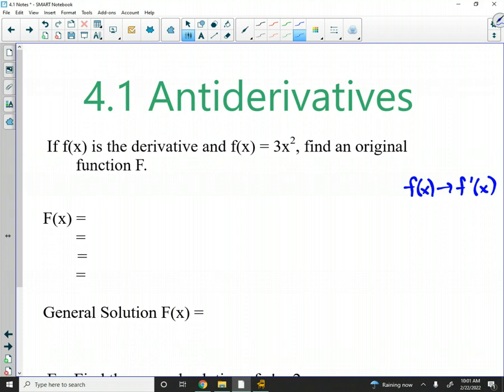Just from this sentence, sometimes the original is going to be capital F of x and the derivative is going to be lowercase f of x.